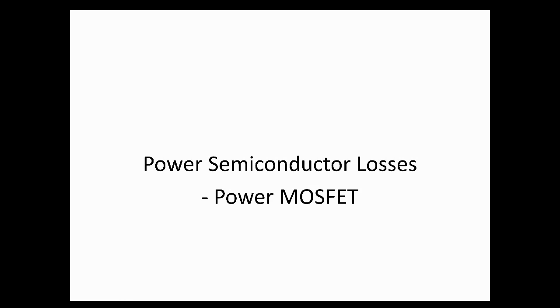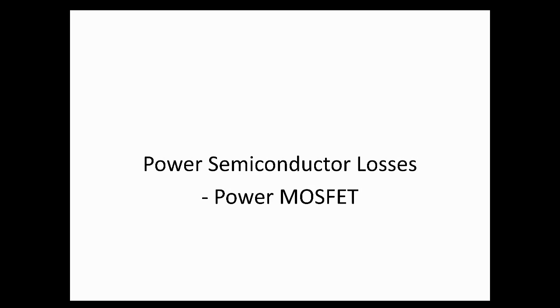All right, so let me just look at the loss. Now that you have studied the semiconductor devices, you see that we can apply the MOSFET as a switch for fast switching applications.